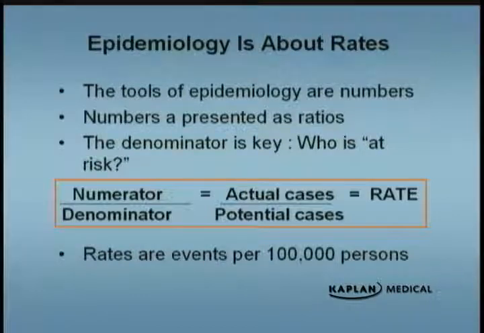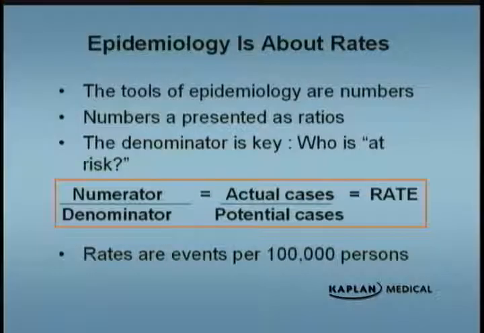This simple ratio, actual cases divided by potential cases, is the core intellectual content of epidemiology. If you can remember this simple idea, everything in epidemiology is a ratio, numerator divided by denominator, you're well on your way to end what is many people's confusion in this particular subject.